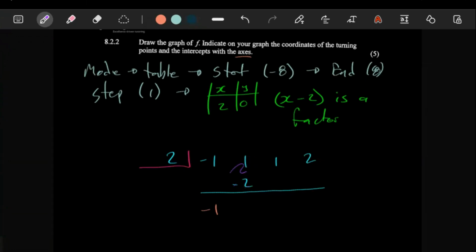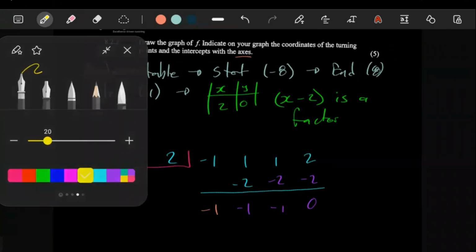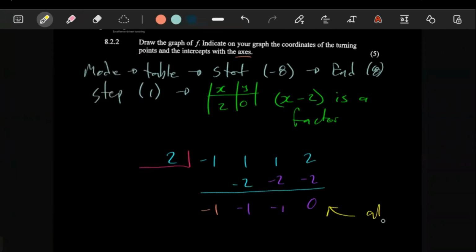Let's add first. 1 plus this value is going to be negative 1, and then you do it again. 2 times negative 1 is negative 2. Then you add, that gives you negative 1. And then this times this is going to give you negative 2. Then you add. So adding seems to be the correct one, because the last number should always be a 0 if you've done the correct thing.